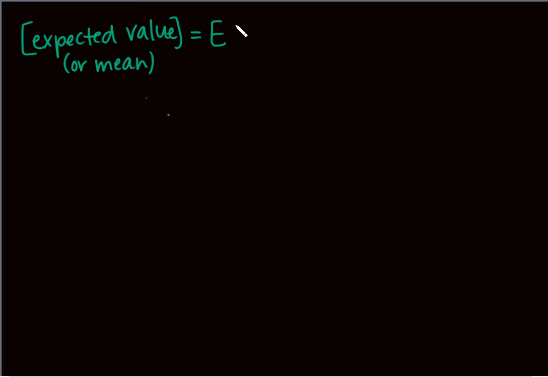Let's look at our next definitions. One of our definitions is called expected value, and this is basically the mean, or the average. Mathematicians, of course, are lazy, so we don't want to write expected value every time.